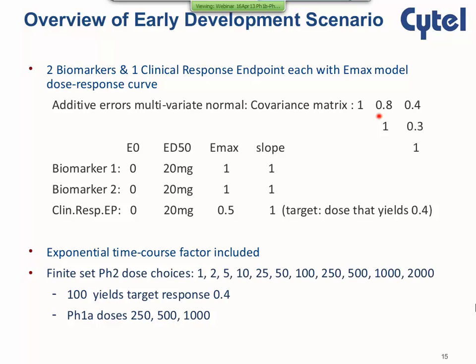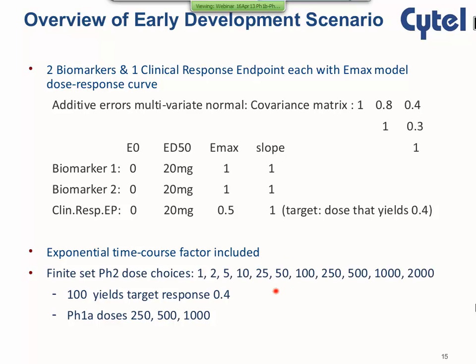And that was based on prior information. Then, because we are measuring the clinical endpoint at 2 different times and the biomarker information at 2 different times, we have an exponential time course factor that's included in the model.